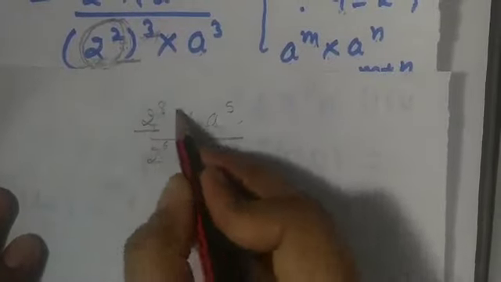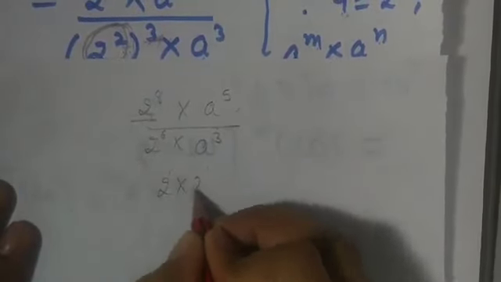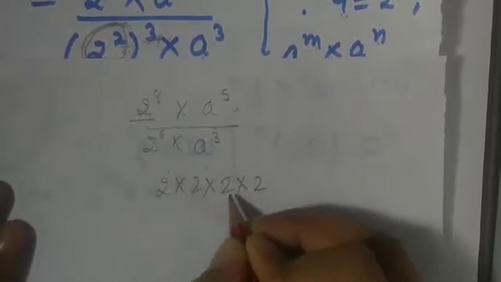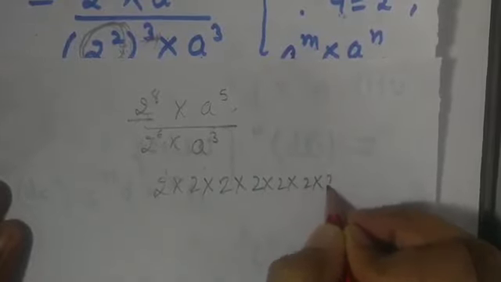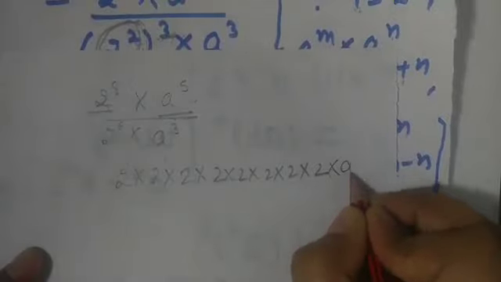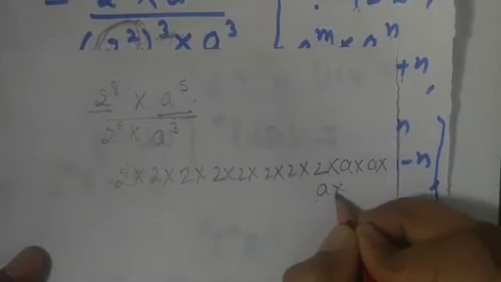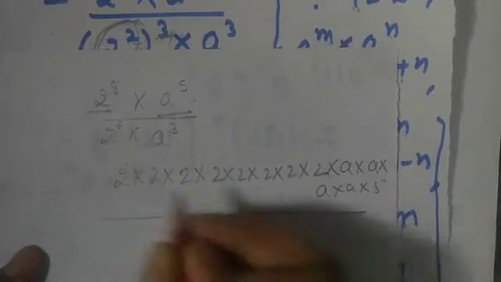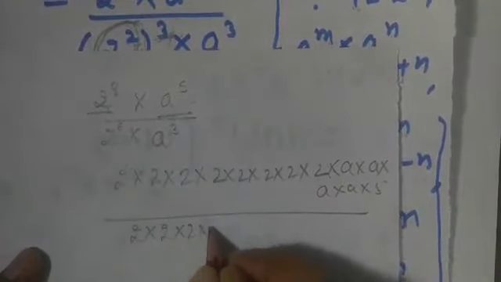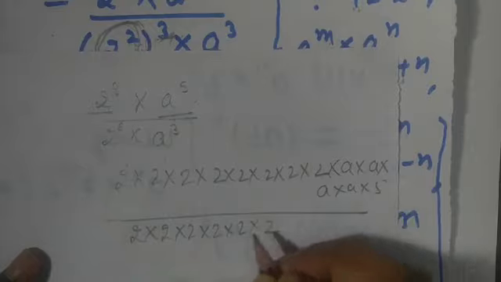So let us solve without using the laws of exponent. So this means 2 is multiplied 8 times, so I will multiply 2 8 times, 1, 2, 3, 4, 5, 6, 7, 8. And this a raised to the power 5 means a is multiplied 5 times, 1, 2, 3, 4, 5. Same in denominator, 2 is multiplied 6 times, 1, 2, 3, 4, 5, 6, and a is multiplied 3 times.